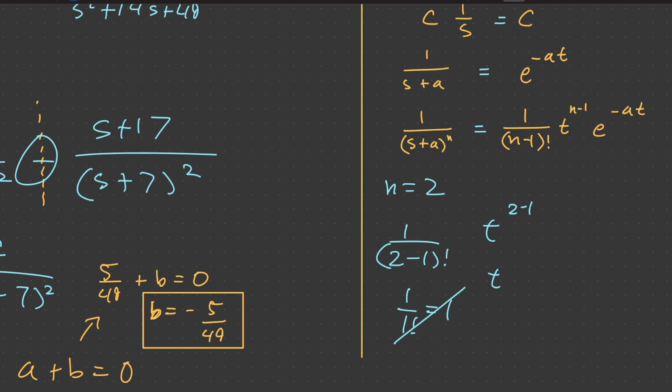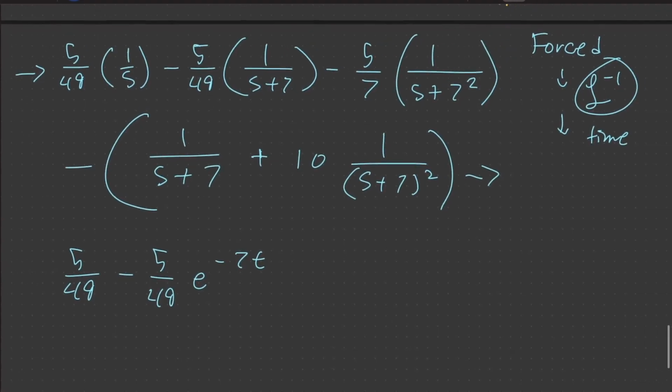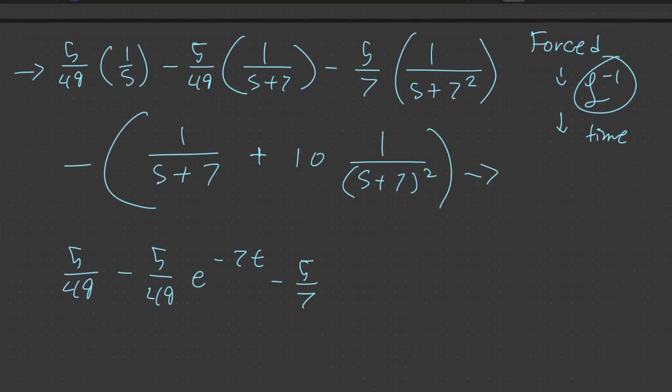And then we have e to the negative at, similarly to how we did before, so e to the negative 7t. These components are going to be multiplied by each other. So our final form, we're working on this guy, is going to be minus 5/7 t e to the negative 7t.